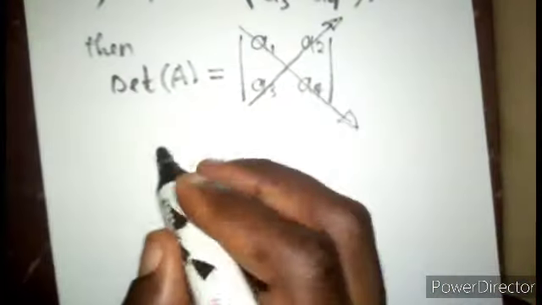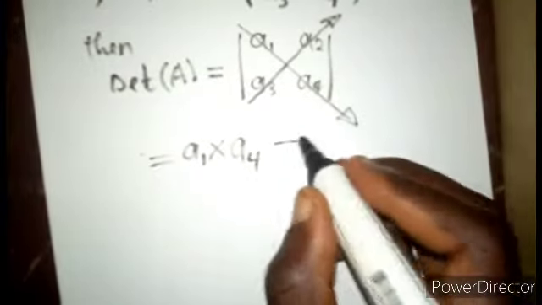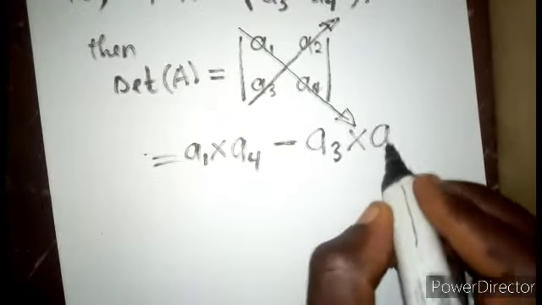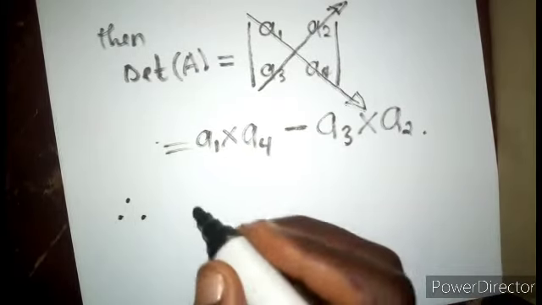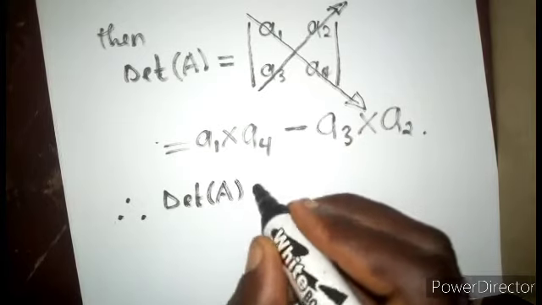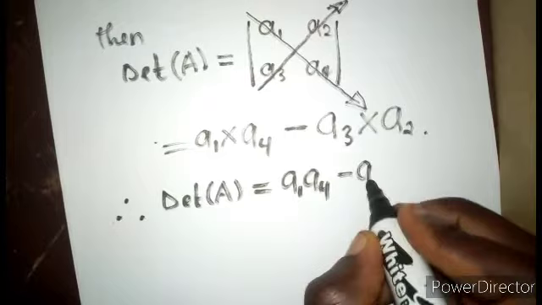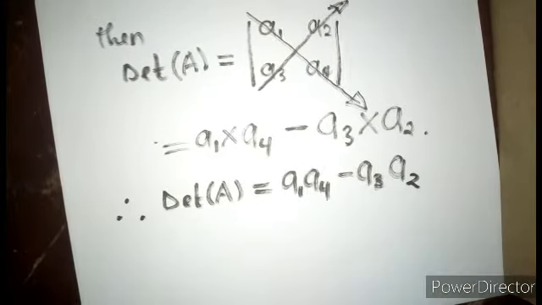That is, we have A1 times A4 minus A3 times A2. That is the determinant. So the determinant of A is A1 A4 minus A3 A2.